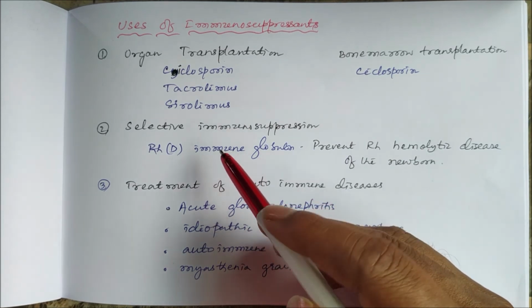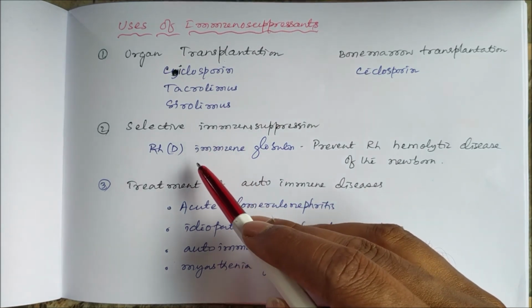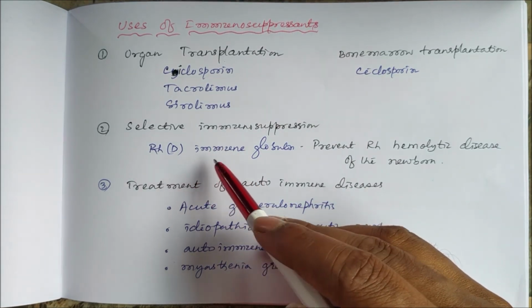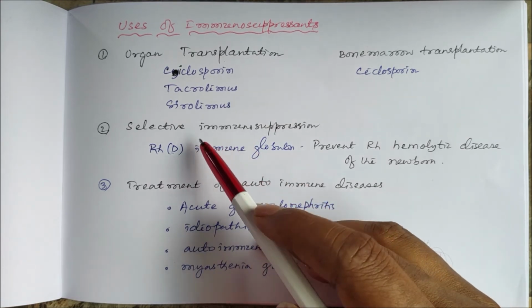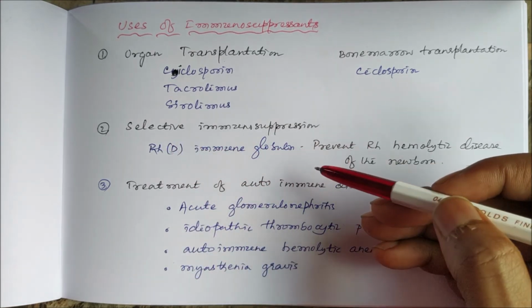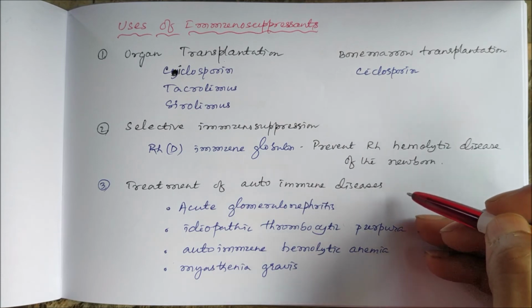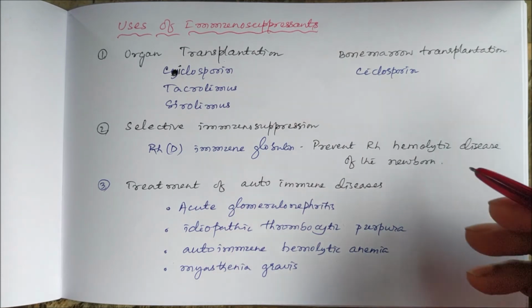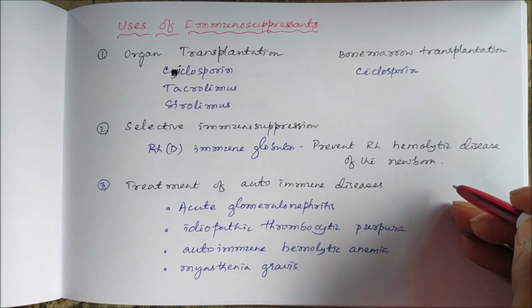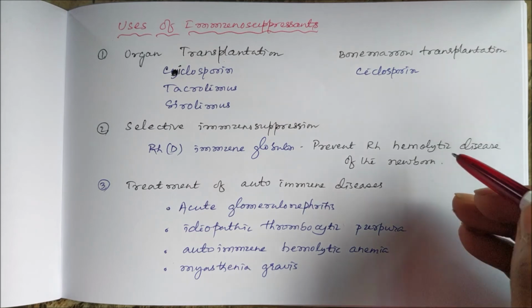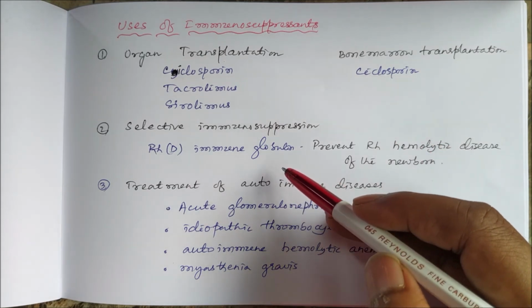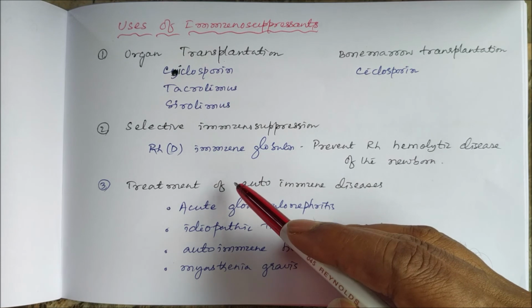We can also use RhD immunoglobulin for selective immunosuppression, prevention of rhesus hemolytic disease of the newborn.